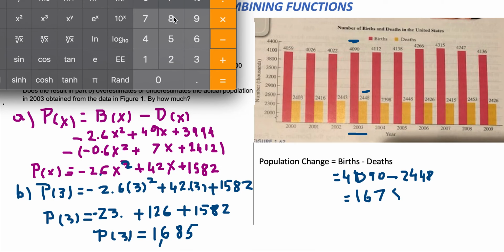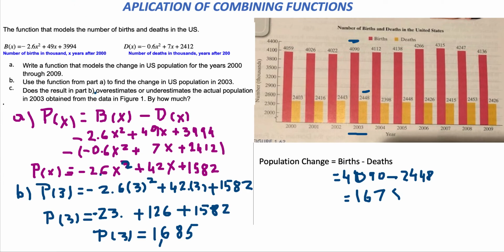I'm sorry, here I made a mistake. It is 1642. Okay, 1642, just for the sake of the real values.